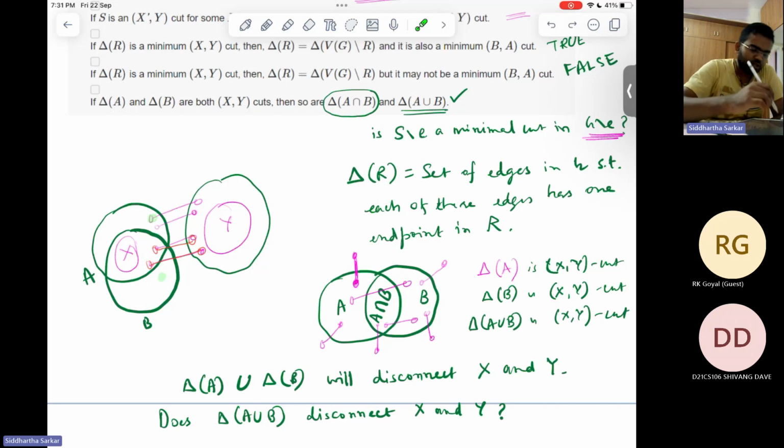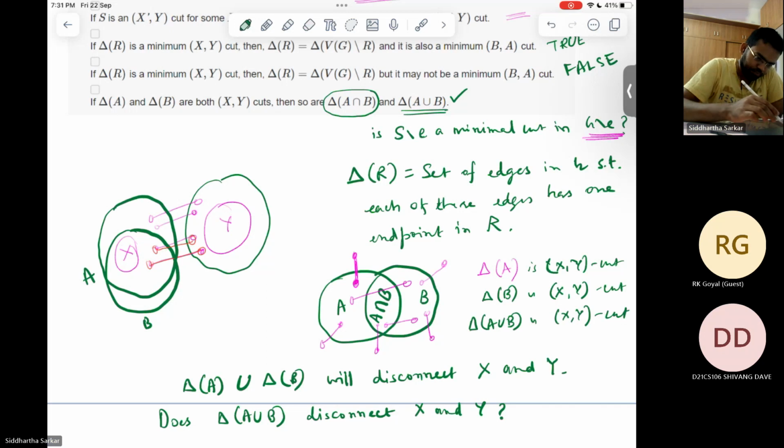So let us say that what you are saying is true. Let us say I just change A. A is this. B is contained in A. B is this.